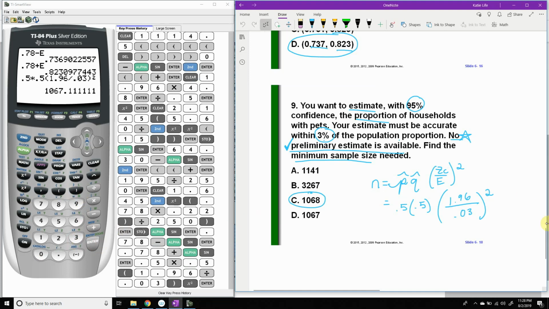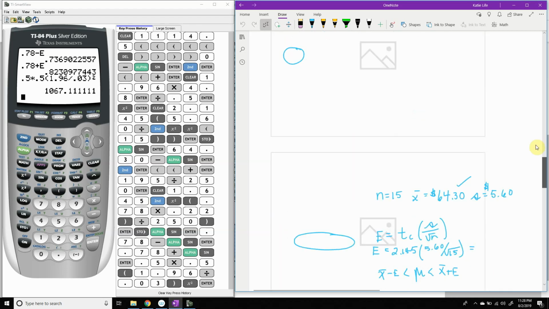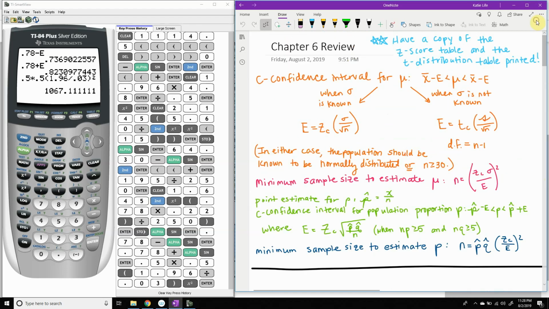So again, word to the wise as you're doing these types of problems, either for homework or studying for the exam, really take some time and come up with a formula sheet where you understand where all of those values are being used. The difference in the wording when it says confidence interval, am I creating upper and lower bounds of a proportion, or am I creating upper and lower bounds for a mean? If it's for a mean, do I know something about the population standard deviation or don't I?